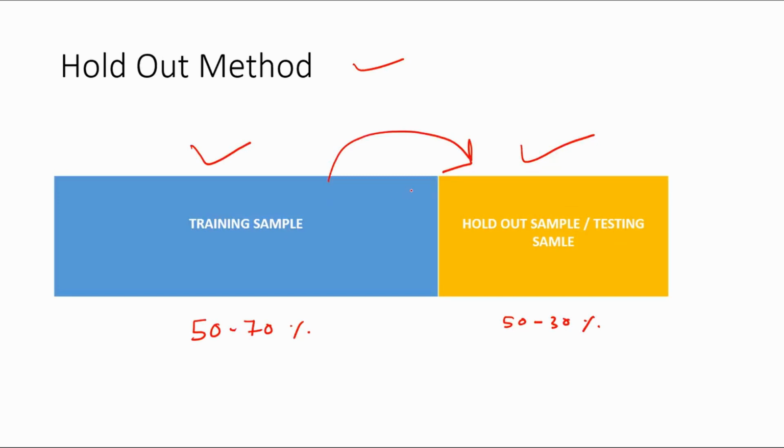If the model statistics are consistent across these 2 samples, we are confident that the model is going to perform well on new data. It's not just the training data on which the model is performing well, it's also going to do well on new data.